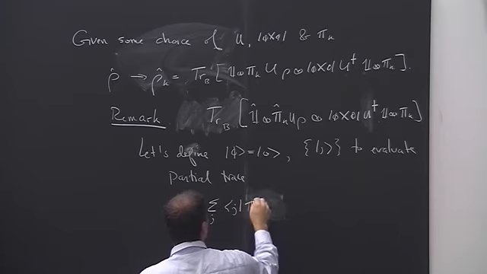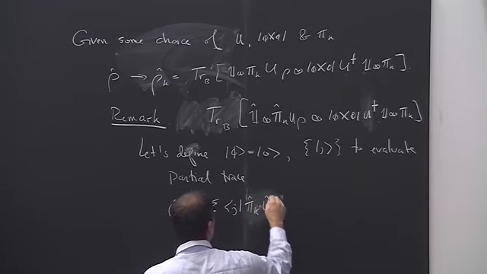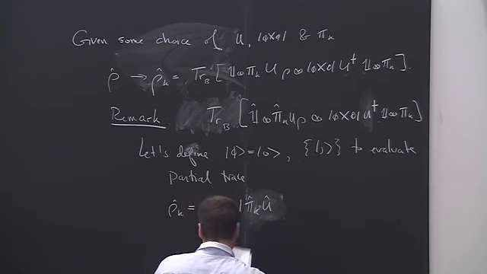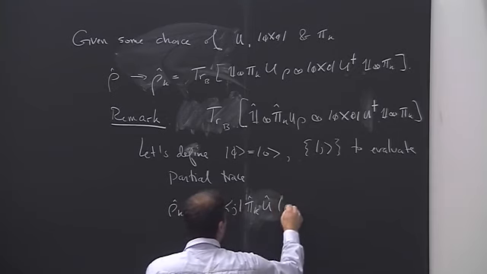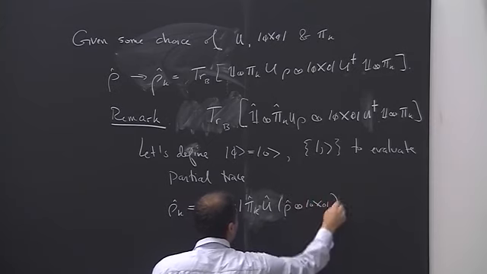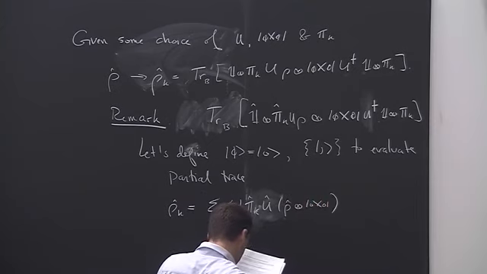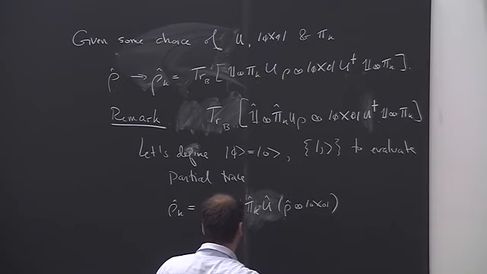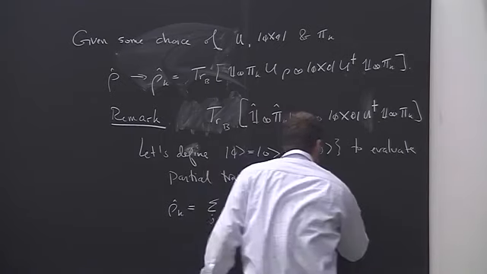So we have j pi_k U acting on rho cross 0, U dagger.